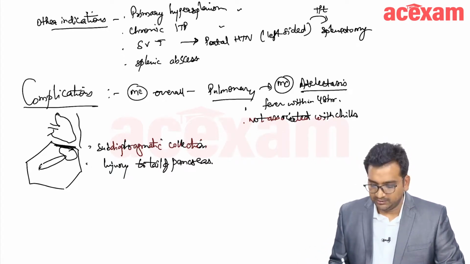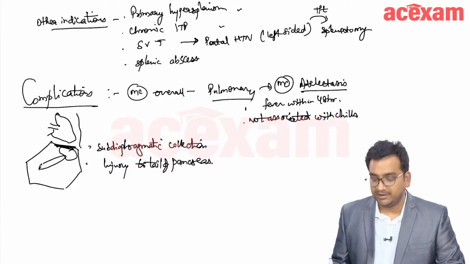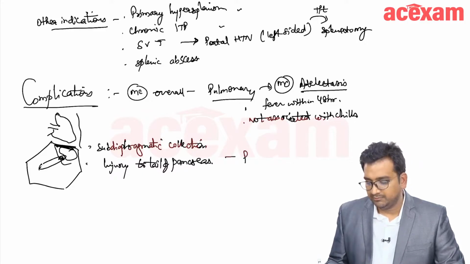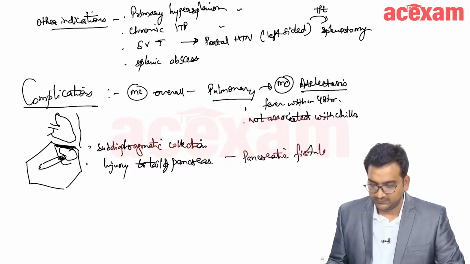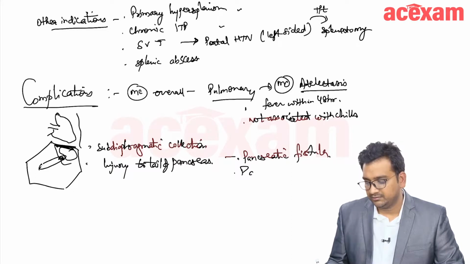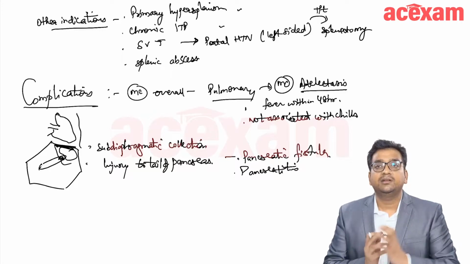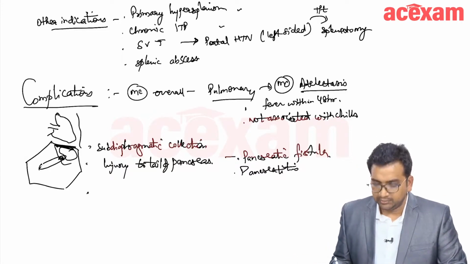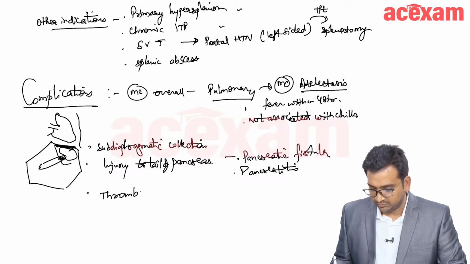Then there can be a subdiaphragmatic collection or hematoma, or during splenectomy there can be injury to the tail of pancreas, which can lead to pancreatic fistula or pancreatitis. Then after splenectomy, there is a rise in platelet count. This thrombocytosis can lead to thrombosis, or you can say DVT.